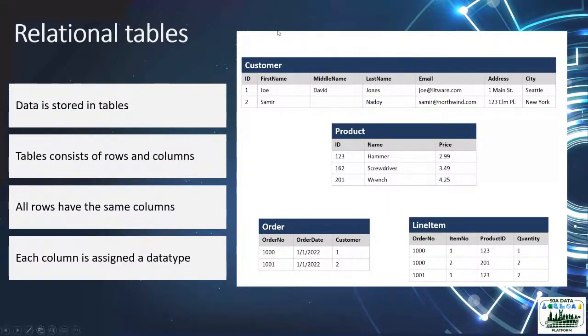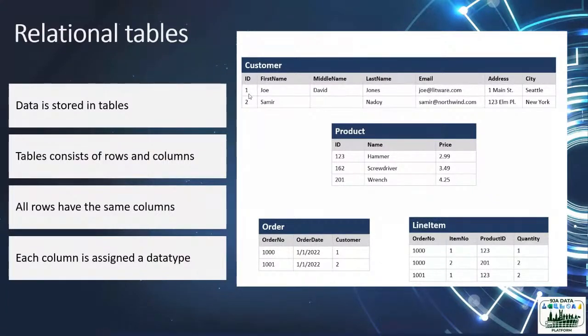So when you say data is stored in a table, what does a table consist of? Rows and columns, like what we have here. All rows have the same columns. It's not that row 1 has 20 columns and row 2 has 10 columns. No. And each column is assigned a data type.